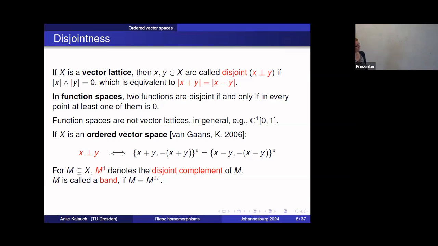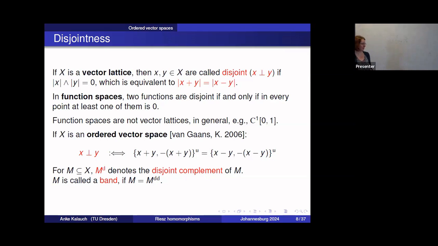And here you see, when you have any equation with modulus in it, the modulus is the supremum of x and minus x. And if you don't have supremum, just take the upper bounds of x and minus x, and this equality here is just an equality of sets of upper bounds. This is the basic idea. And with this idea, you can translate most of the notions in lattices to ordered vector spaces and do at least a part of the theory you have in the classical case.